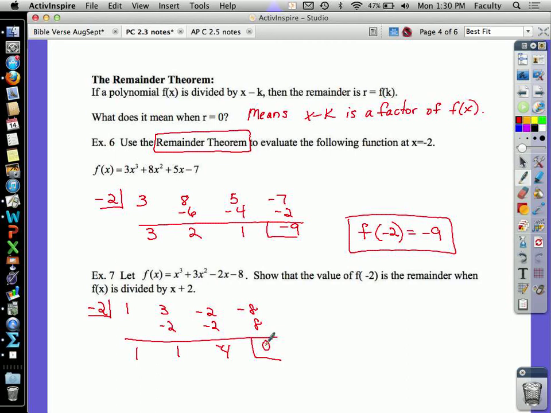So we know the remainder is 0, but it's saying show that f of negative 2 is the remainder when it's divided. So this is a two-part problem. Now we need to go do f of negative 2.